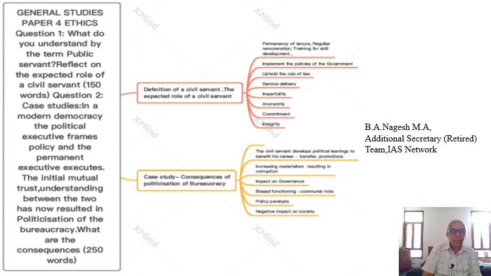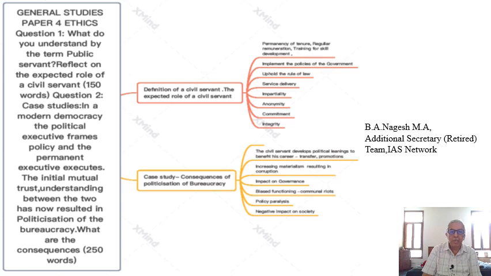So this particular case study which we discussed, consequences of politicization of bureaucracy, once again: first, the civil servant develops political lineages to benefit his career. He resorts to political influence for his transfers, promotions, to enable him to stay in one place. This indirectly promotes the politician criminal bureaucrat nexus, increasing materialism resulting in corruption.